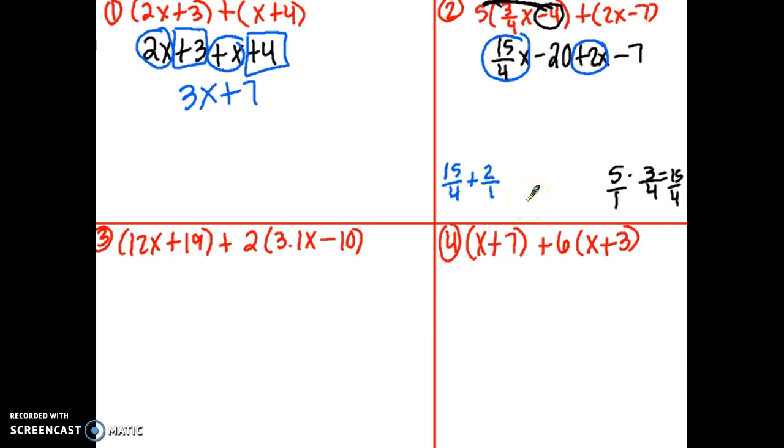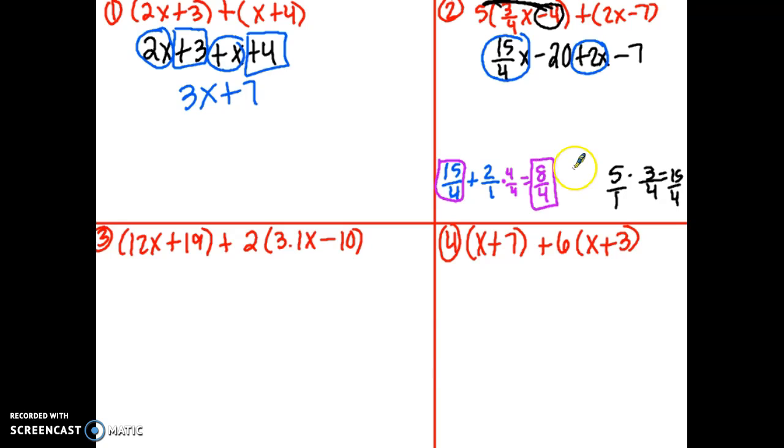Now I have to have a common denominator. The smallest number that 4 and 1 can both go into is 4. So I'm going to multiply this fraction by 4 over 4 to get 8 over 4. So now I can add 15 over 4 plus 8 over 4.